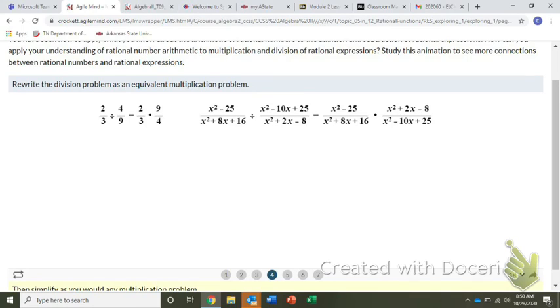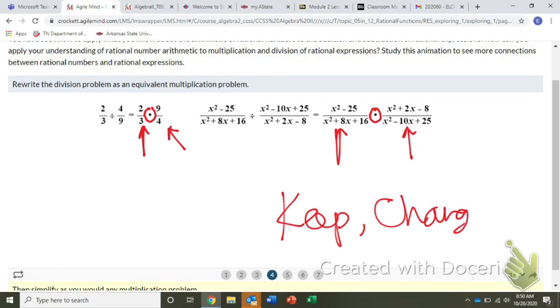You keep the first, here and here. You change the sign. And you flip the fraction, the second fraction. So you keep, you change, and you flip. Okay?